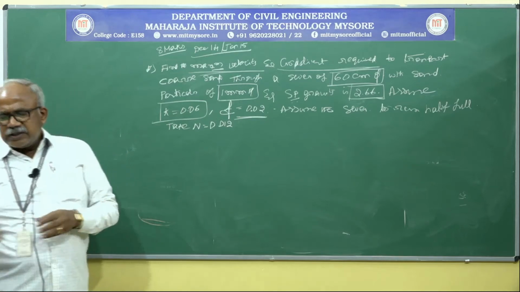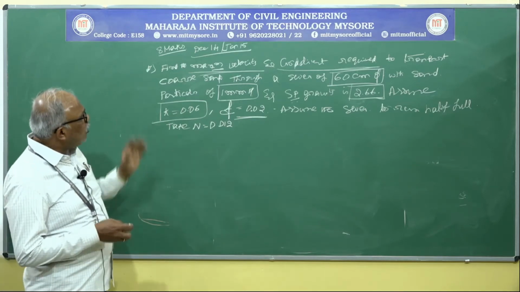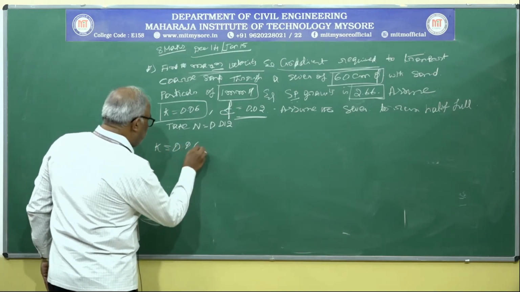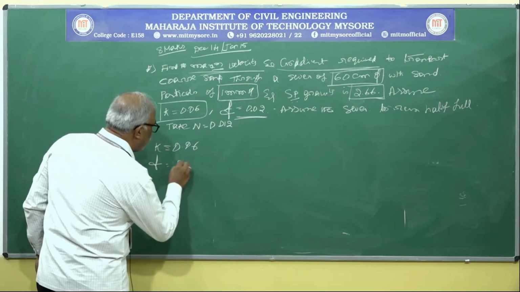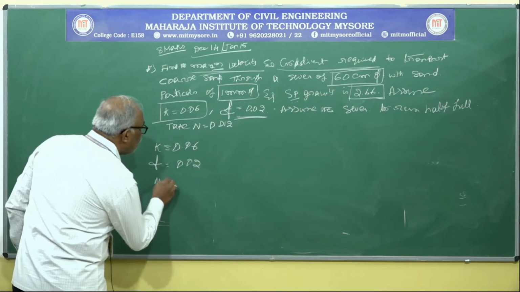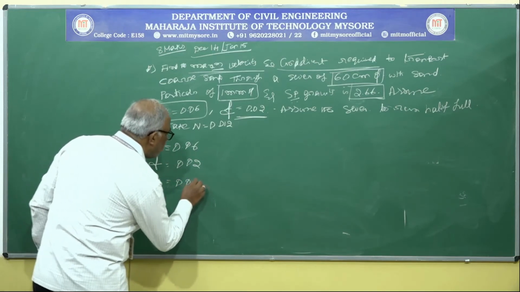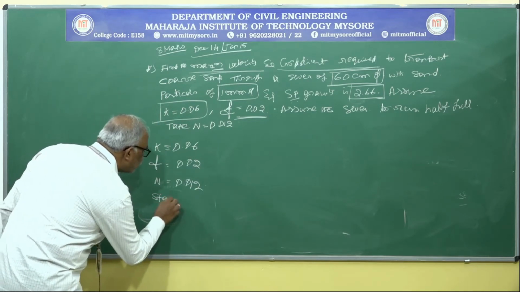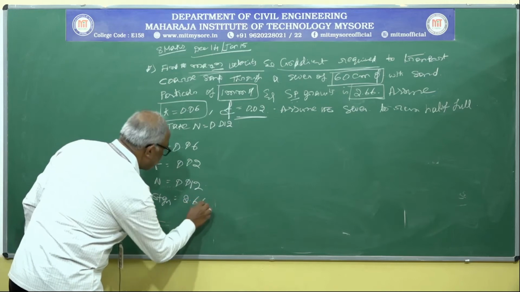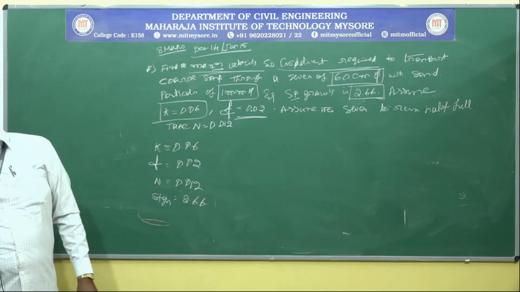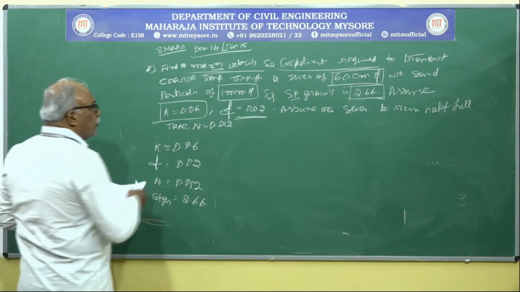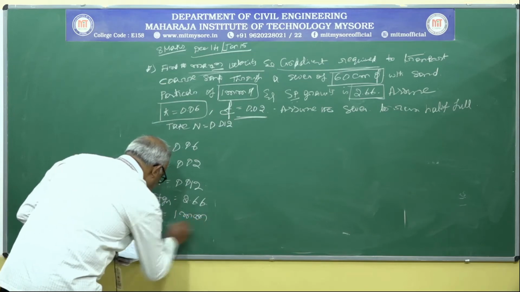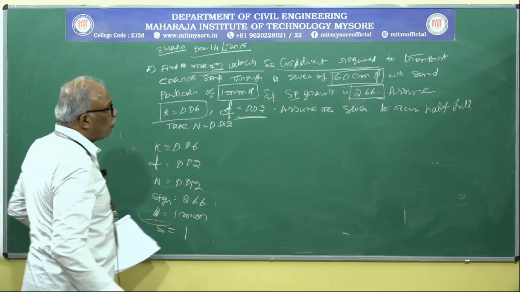Normally almost all the data is given: the k value is 0.06, f value equals 0.02, n value is 0.012, the specific gravity of sand is 2.66, and the dia of the particle is 1 mm. The value of S equals only 1.